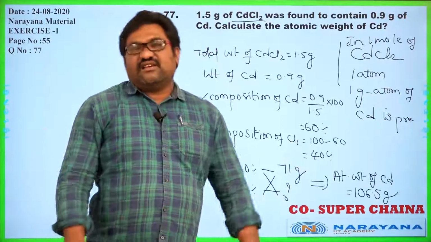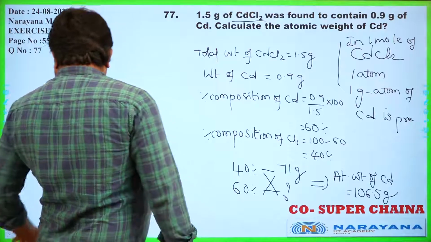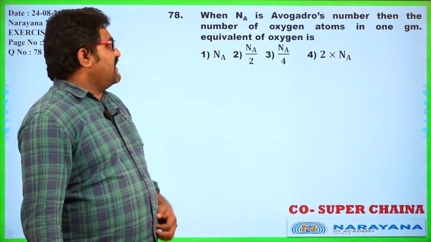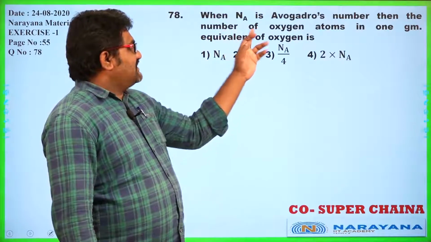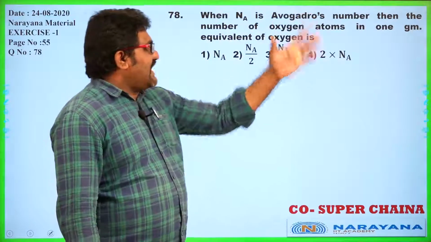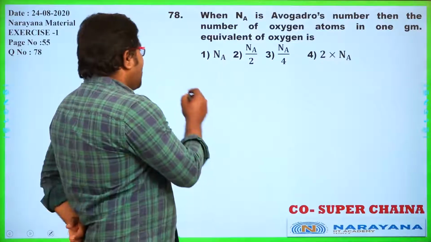Let us go for the next question. Question number 78: when Na is the Avogadro number, then the number of oxygen atoms in 1 gram equivalent of oxygen is what? What is 1 gram equivalent here?